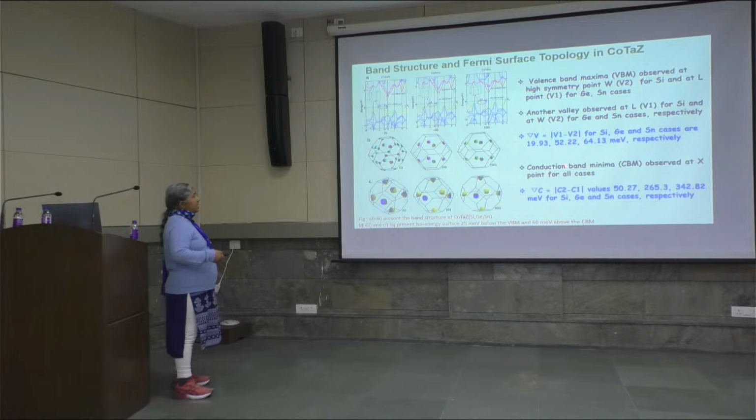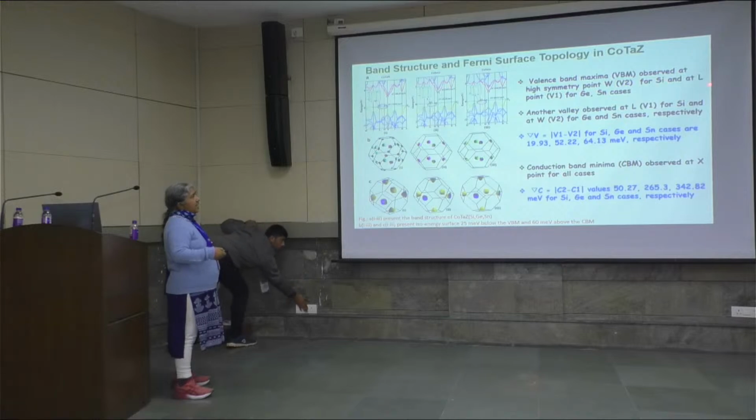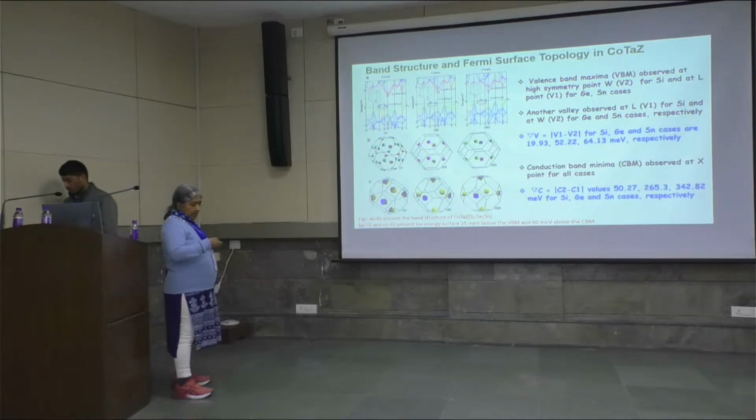The conduction band minimum has been observed at a certain point, and the valence band maximum at certain points, for example, point W for Si and point L for Ge and Sn. So we see these are the Fermi surface contours.